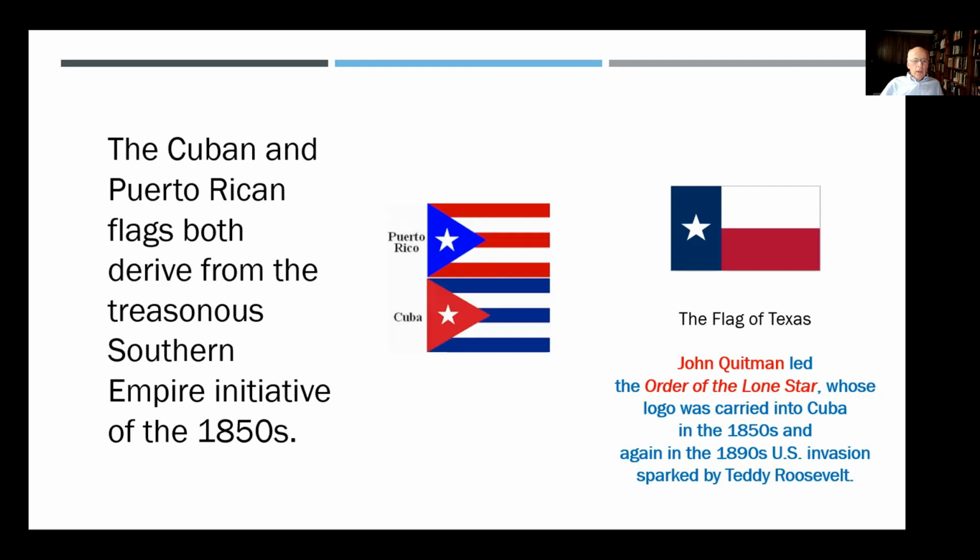It was also both Cuba and Puerto Rico, which were conquered from Spain in the 1890s by the US, come from this disastrous, treasonous initiative. So this is a curious feature of live history right now. Doesn't this bear looking into? And of course, we have the Southern Latin American pivot on many American presidential assassinations into the 20th century. Next slide.